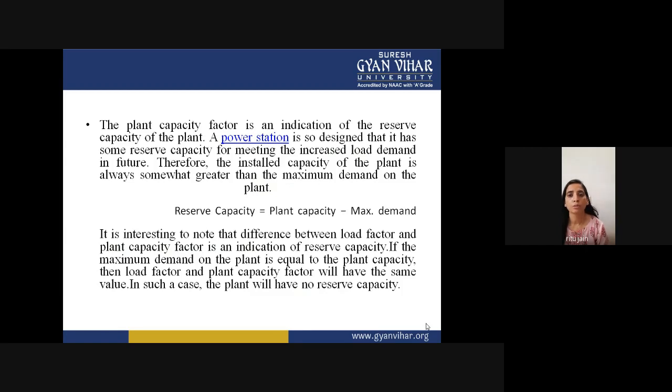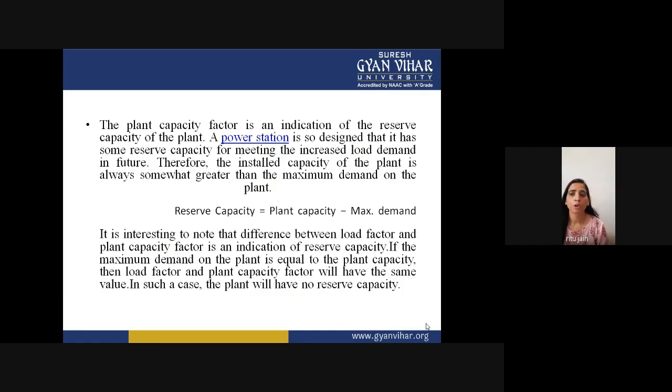So we have to take some reserve capacity for our future planning. Future demand can be calculated by load forecasting methods. That is a different topic, we will discuss it in the next unit. So it has some reserve capacity for meeting the increased load demand in future.